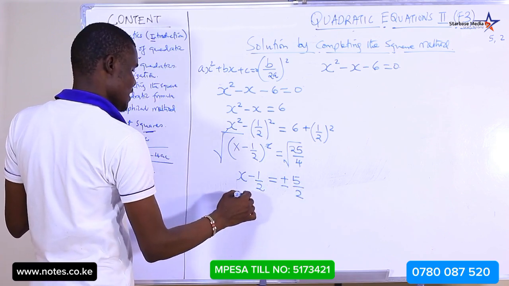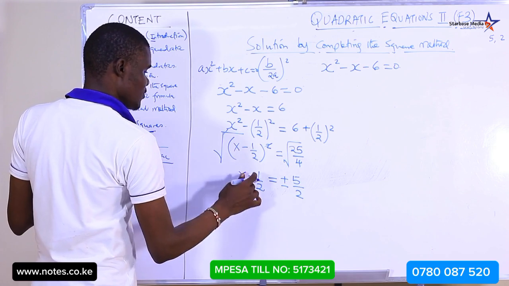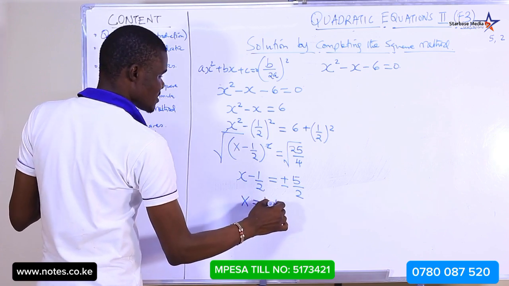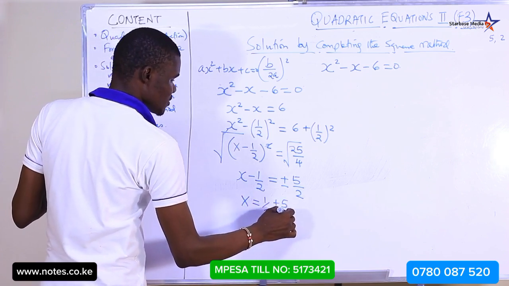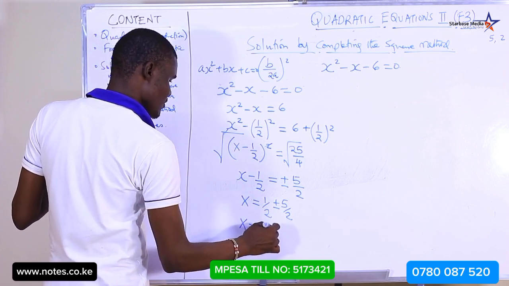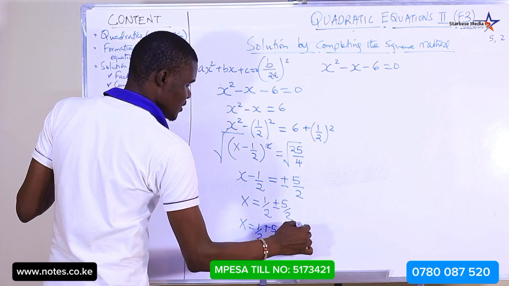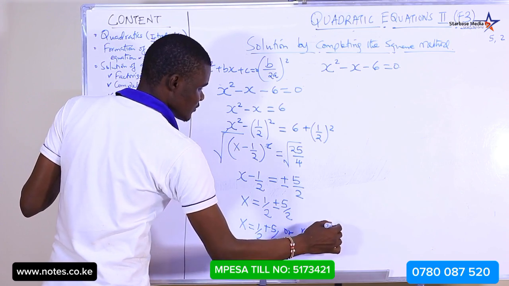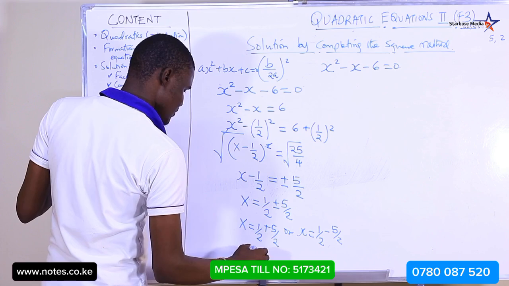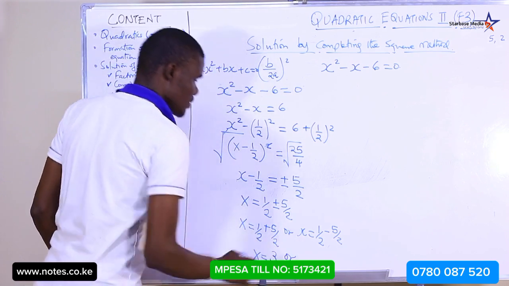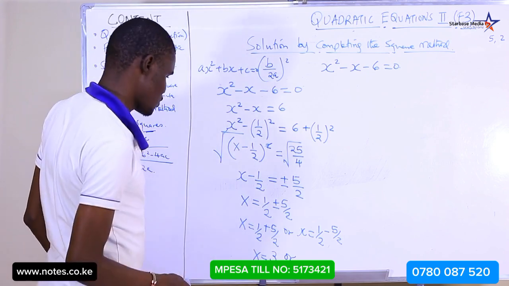So x can either be, you take this to the other side, a half, it will be a positive now, plus or minus 5 over 2. So x can either be a half plus 5 over 2 or x can be a half minus 5 over 2. So what do you get from your calculation? So x is either 3 or what is a half minus 5 over 2?